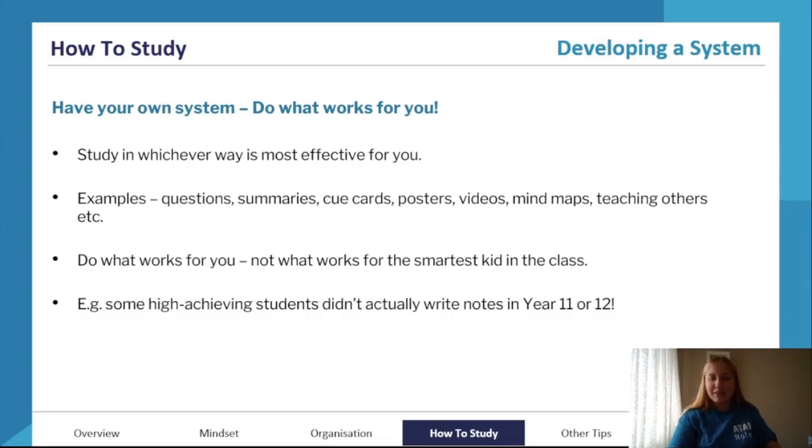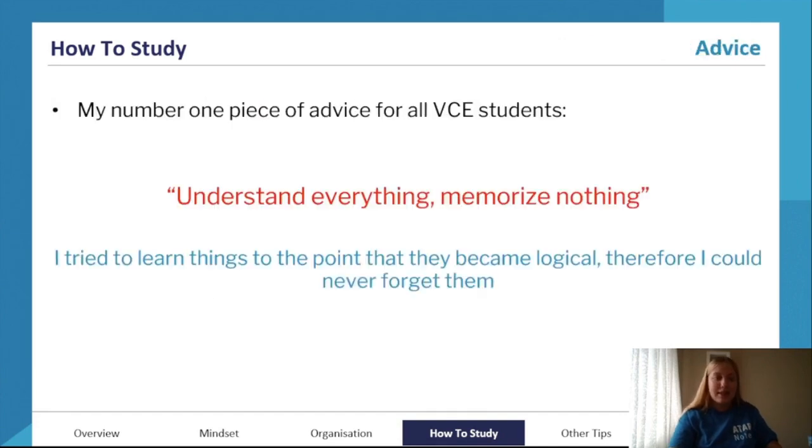I did that for a couple of my subjects. With the exception of some notes that are essential, I found that highlighting things in my textbooks was really beneficial for me rather than taking notes, such as for psychology, which was quite a content heavy subject. I found that really helped me. But you need to find what works for you and stick to those things.